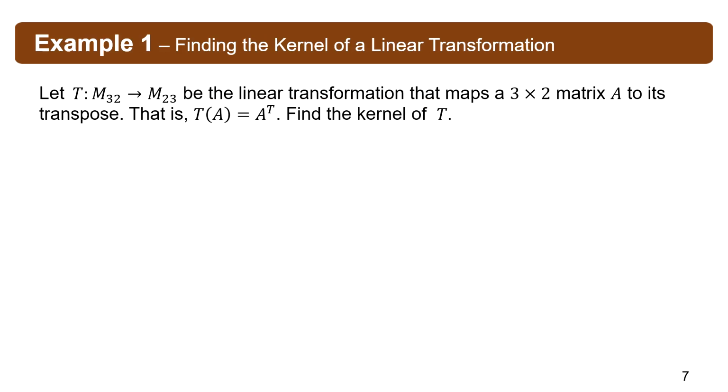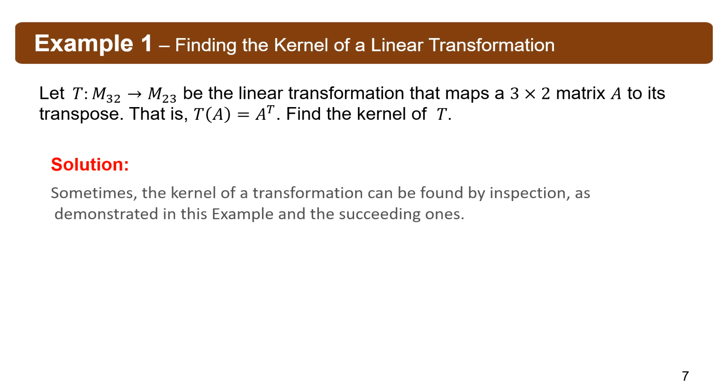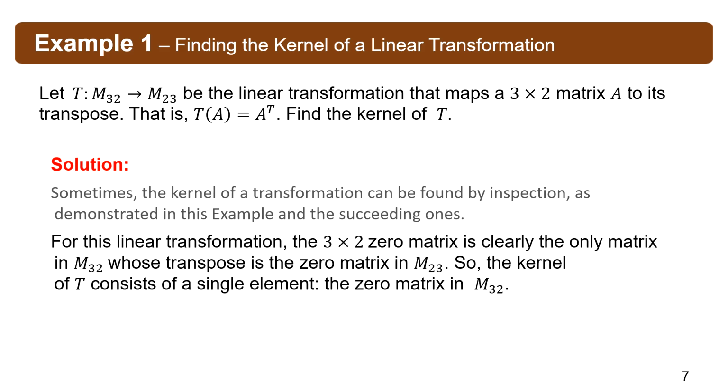Okay. So for example, let T be a transformation from 3 by 2 matrices to 2 by 3 matrices. This mapping is actually getting the transpose of the matrix. So to find the kernel of T, sometimes you don't need to solve, because the only matrix that will satisfy this is the zero matrix.